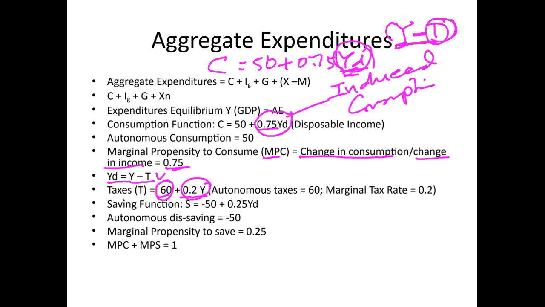We don't call it marginal propensity to tax like marginal propensity to consume, but the idea is the same. We call it the marginal tax rate, MTR. What is the marginal tax rate? It is 0.2, which means basically 20%. That is, whenever your income increases by $100, suppose you have to pay 20% taxes on that $100. So this is the example.